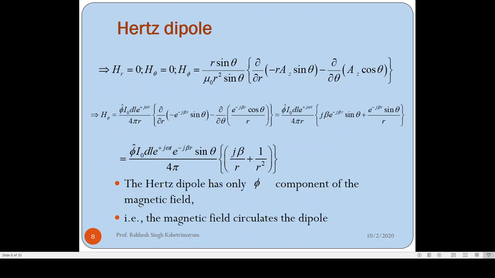It has only phi component, and you also clearly see that we have a term which is dependent with respect to r as 1 by r. So this will give me radiated waves which should be able to reach out to far away distance. So it has a phi component and it has a variation with respect to r as 1 by r.